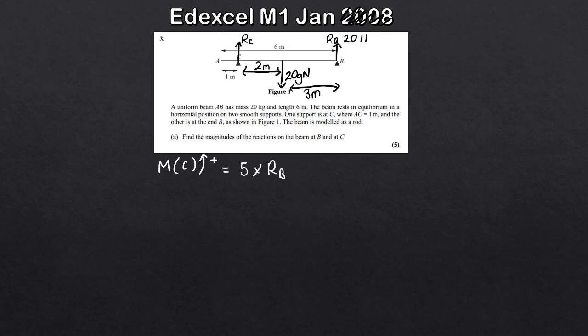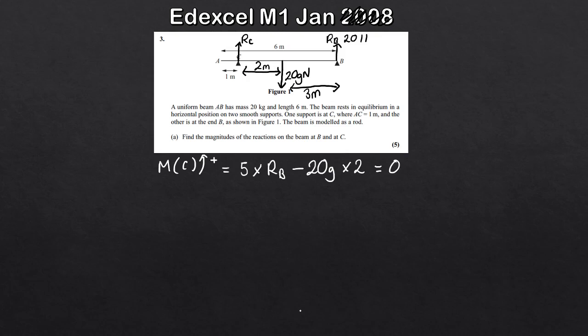Then let's consider our other force here, 20g newtons. If my finger's at C and I push down here, applying this force, it's going to go clockwise, so this will be negative. So minus 20g, times the perpendicular distance to get back to C, which we can see is 2. It's in equilibrium, so this will be equal to 0.